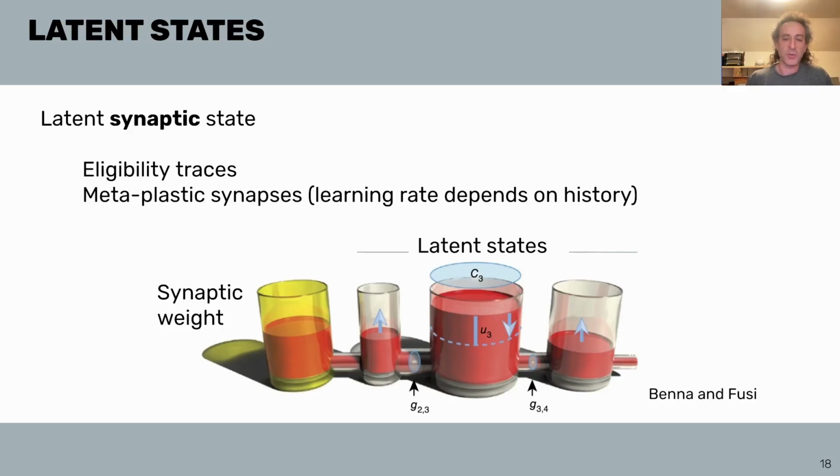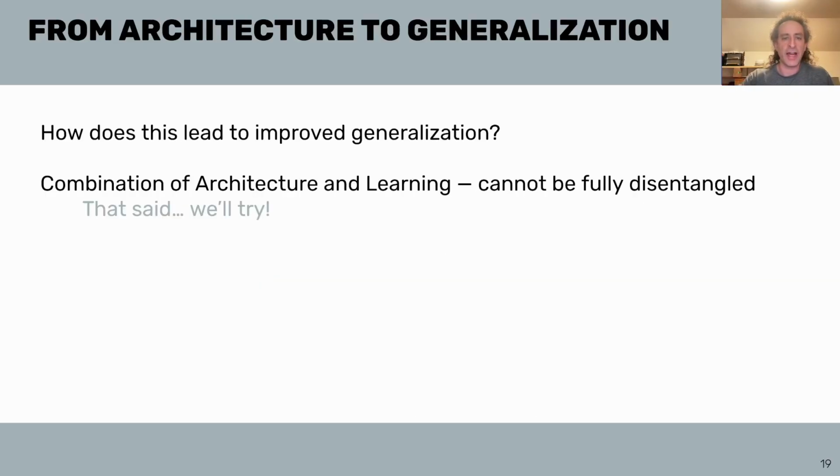For example, that which was described by Benna and Fusi showed that you can have metaplasticity, which is essentially a learning rate that depends on your history that can create much longer lasting memories and prevents some catastrophic forgetting. And people have also explored eligibility traces, which are related to this, saying when should you be willing to learn at this synapse? So these states can have big impacts in preventing catastrophic forgetting and improving some credit assignment. These are, again, things that are relatively untapped.